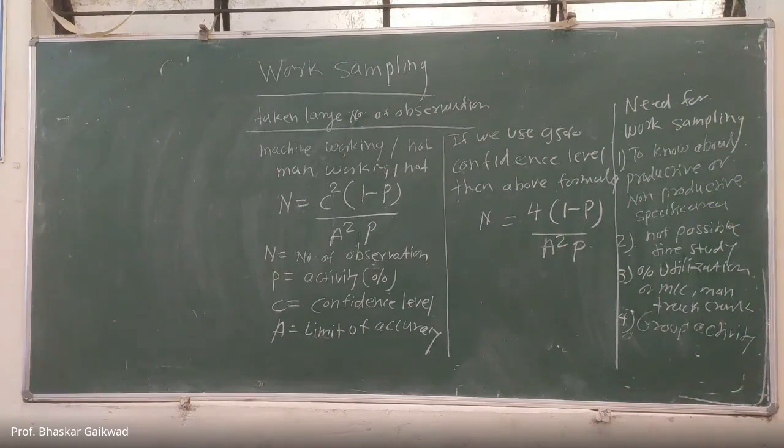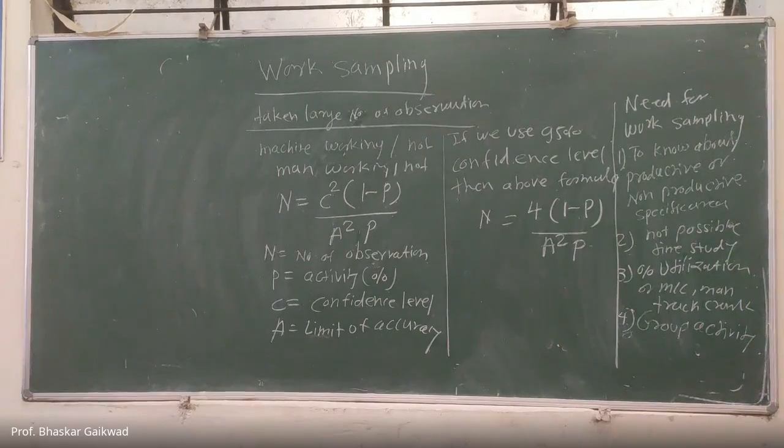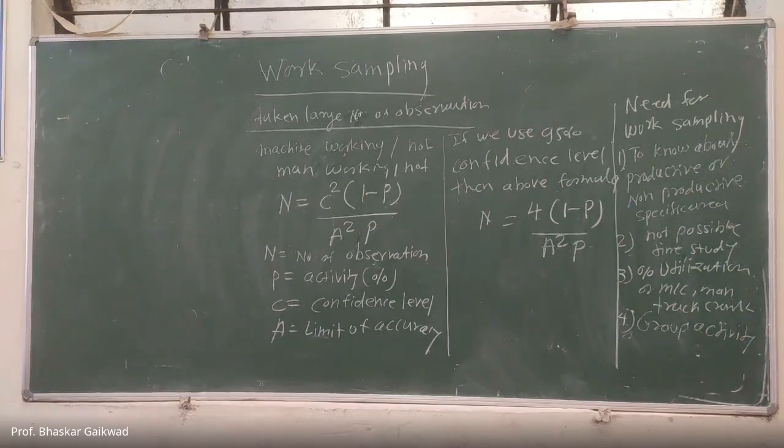It is actually needed, because in groups we normally cannot justify who is working or who is not working. It is very difficult to justify in a group who is working very hard with his own 100% efficiency and who is not working. It is difficult to justify, but by using work sampling, we can justify how many times that man will remain idle.